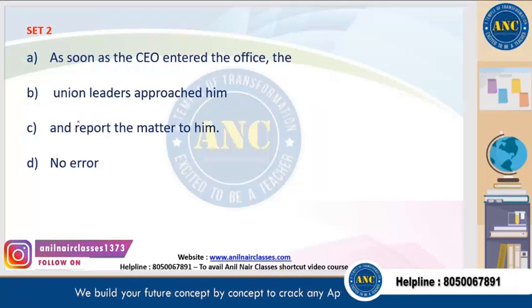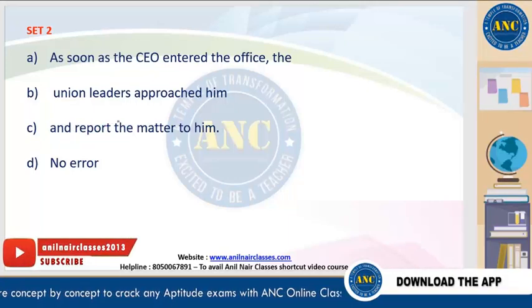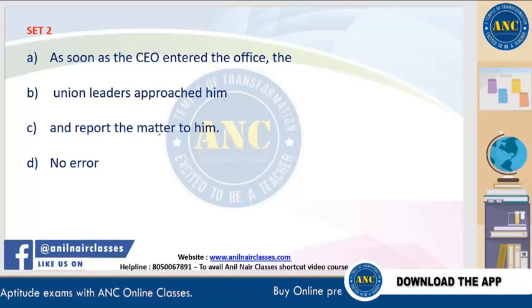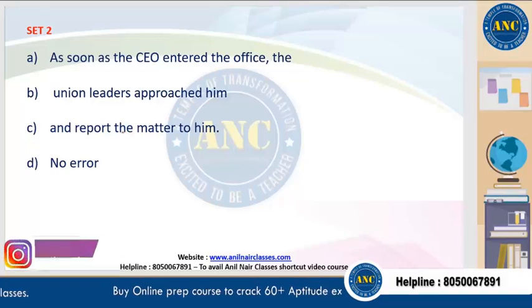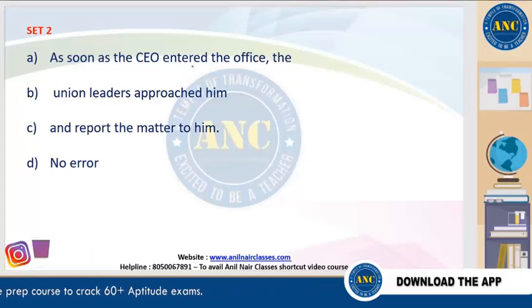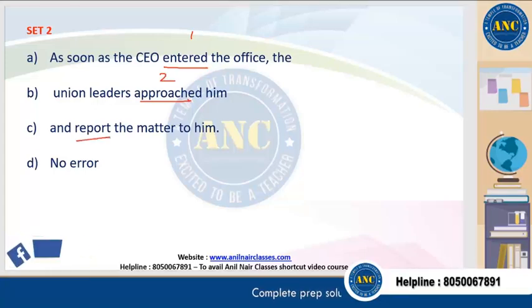Next one. As soon as the CEO entered the office, the union leader approached him and reported the matter to him. So now here the sentence is in the past tense, right? And a series of three actions has happened over here. The first action is "entered", second is "approached" and the third is "report".